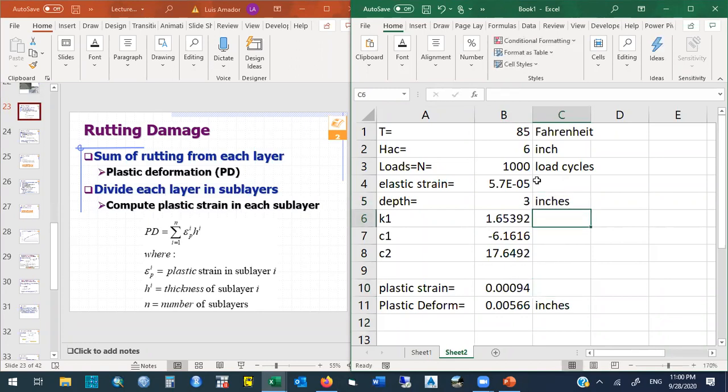Now, I used 1000 load cycles, right? If I increase the number of load cycles, then it's gonna be more. If I put less, then it's gonna be much less. So there will be a relationship between that, the more load cycles, and these are accumulated load cycles.